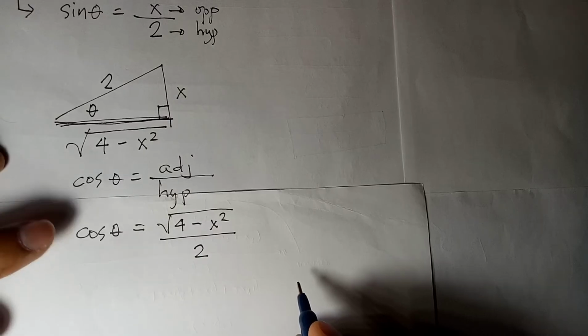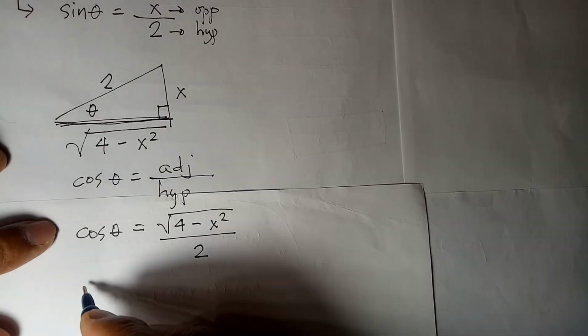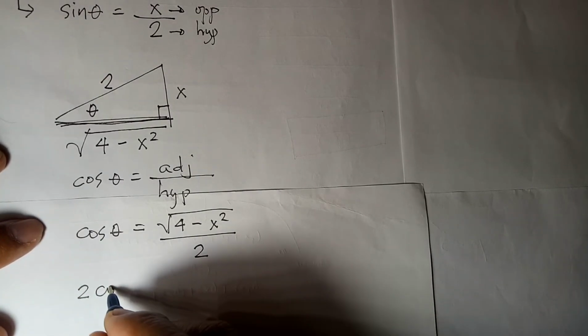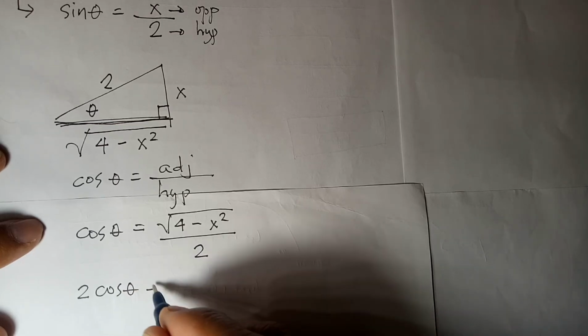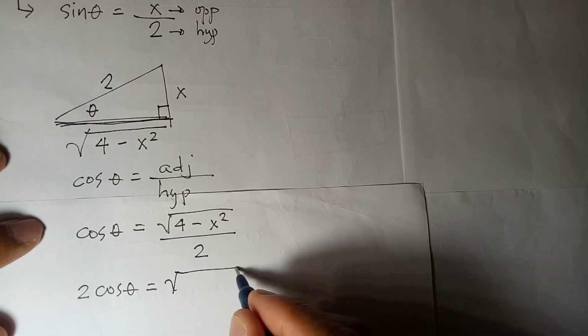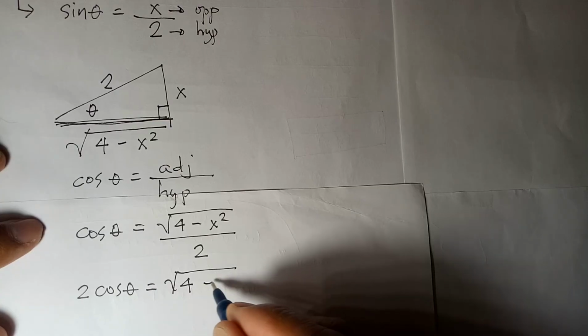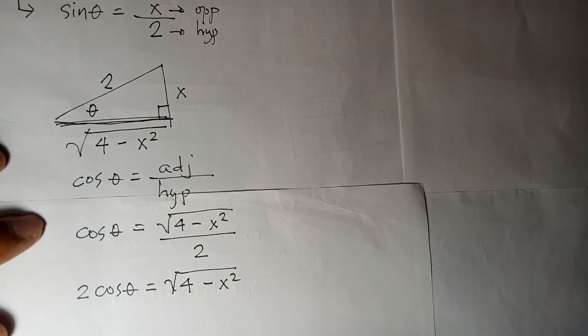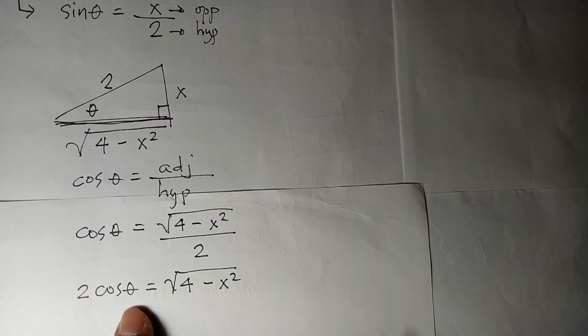So, multiplying both sides by 2, magkakaroon tayo ng 2 cosine theta equals square root of 4 minus x squared. Okay. So, yun ngayon yung equivalent ng square root of 4 minus x squared in terms of theta, 2 cosine theta. So, balik tayo sa problem.